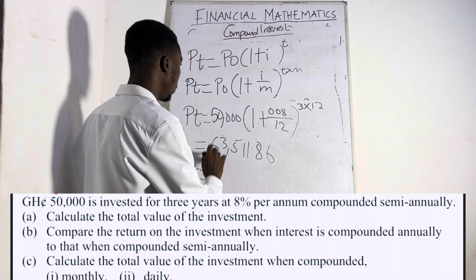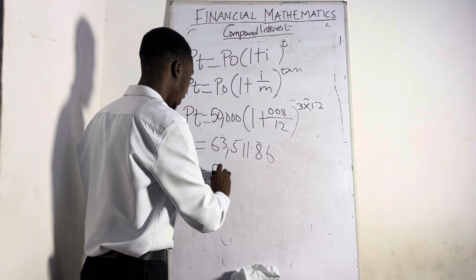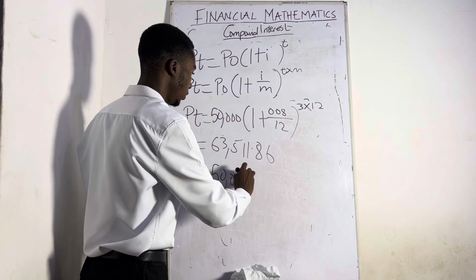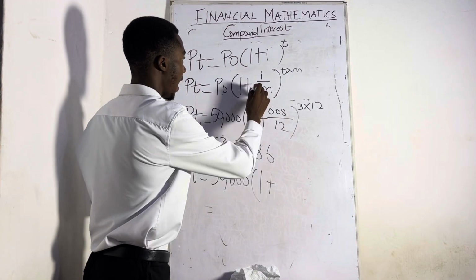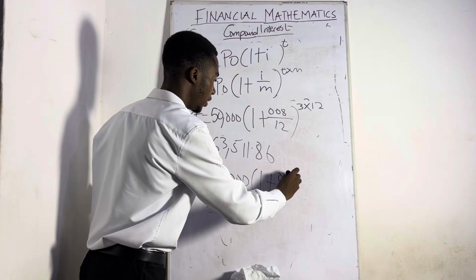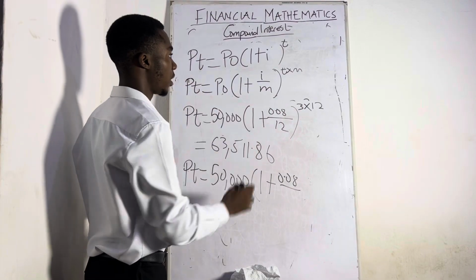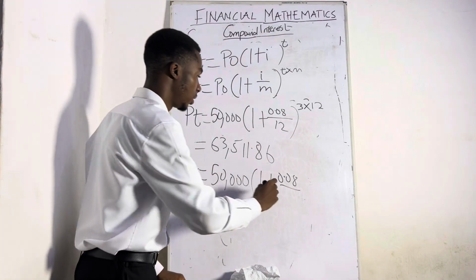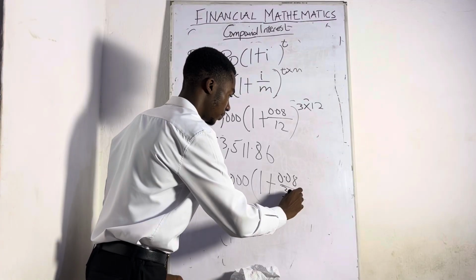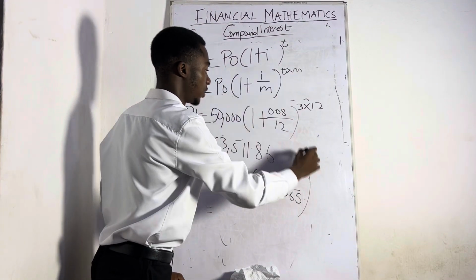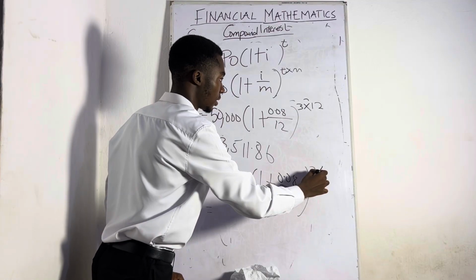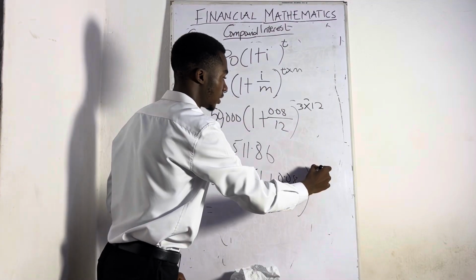So PT is equal to P0, which is our 50,000, into brackets 1 plus I is 0.08. Then M is the number of times you compound in a year. Since it's daily, it's going to be 365. Then exponent T, which is 3 years, times M, which is the 365.